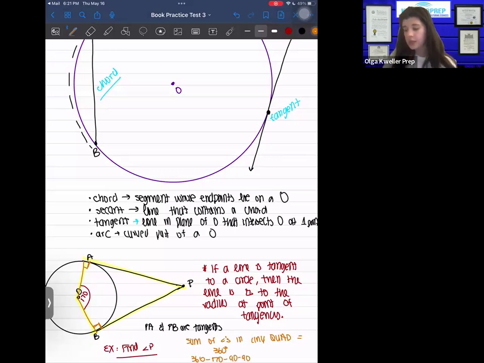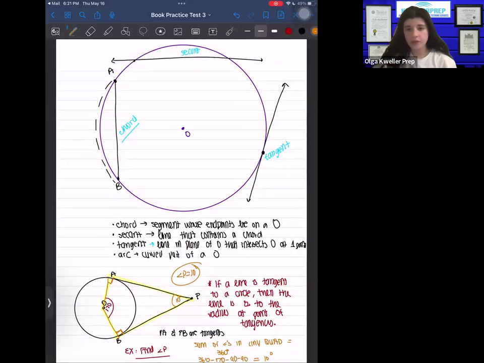So it would be 360 minus 170 minus 180. And we would end up with 10 degrees for angle P as our answer. Does that make sense? So this is one way that they can test this theorem. Whenever you have tangents, they create 90-degree angles with the radii. So that's one theorem that I want you guys to learn.